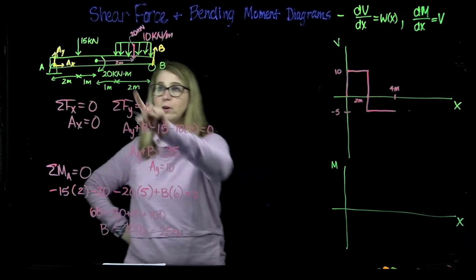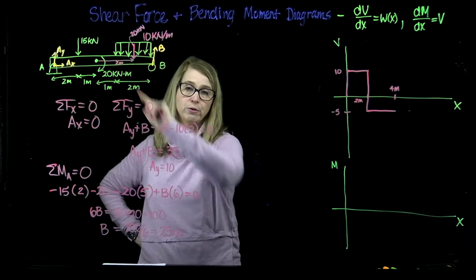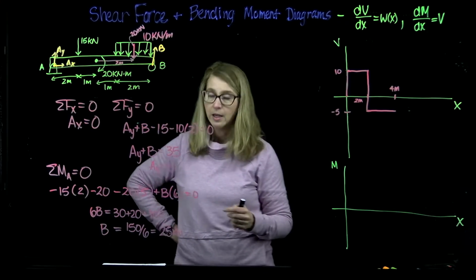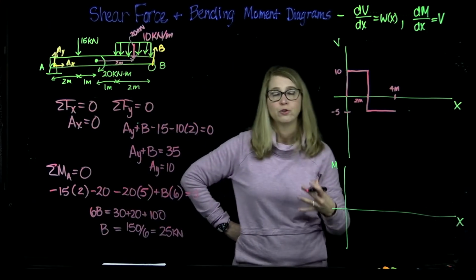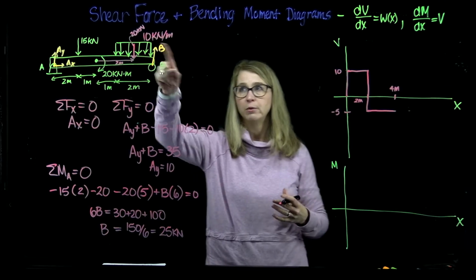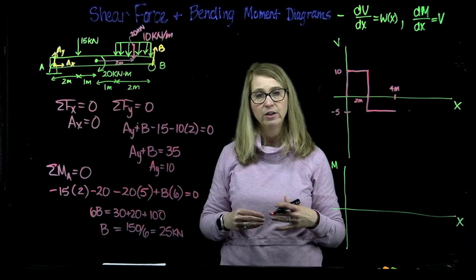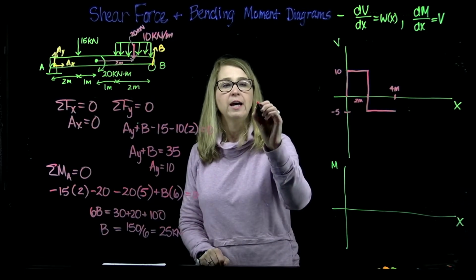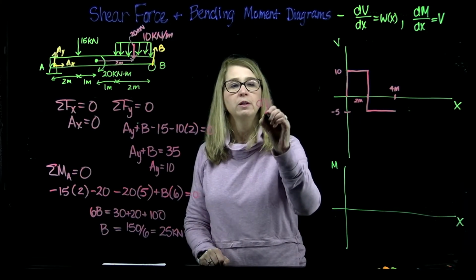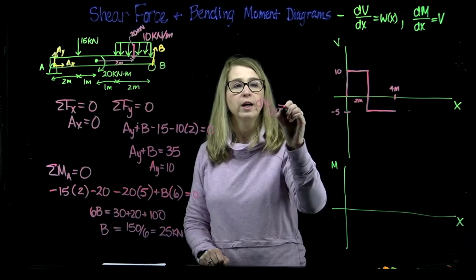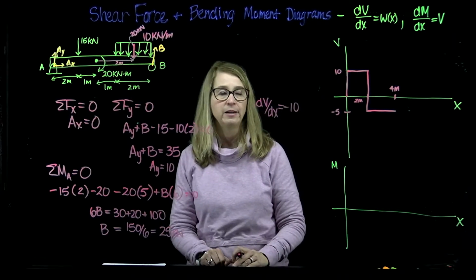When we get to 4 meters, that's right where the distributed load begins. And so the distributed load has a W of 10, but because it's pointing down, we would say that at that location, the slope of the shear force diagram is -10.